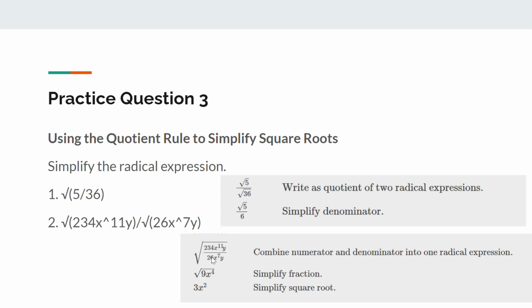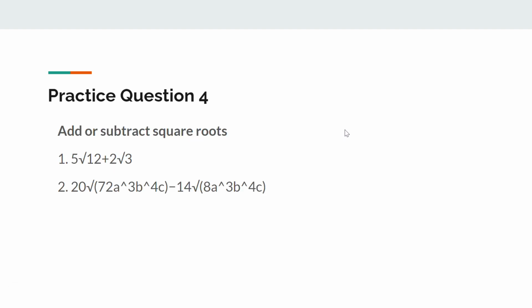And also when we divide 234 by 26, we get 9. So when we factor that out, we get the square root of 9 times x to the 4th power. And when we take the square root of that, we get 3 times x squared. So that's the answer. And here's the fourth practice question.